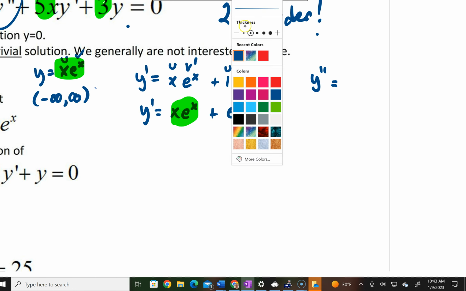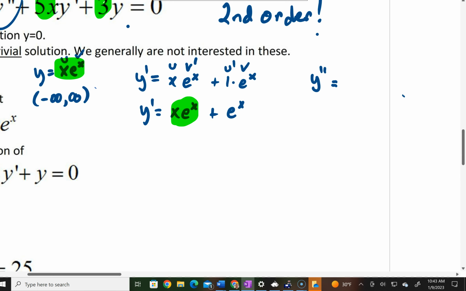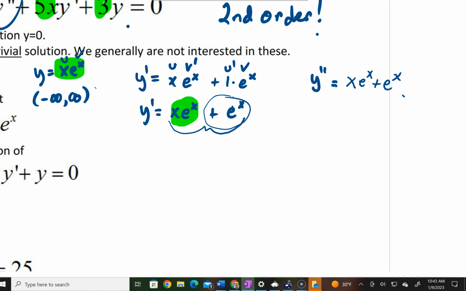But the fact of the matter is, you just worked that out. When I took the derivative of x e to the x, I got this whole thing from that product rule. But then what? Don't forget, you also have to take the derivative of e to the x, and what's that? e to the x. Look at that. So that's kind of a cool way to do it. And you could say e to the x plus e to the x is going to be 2 e to the x.